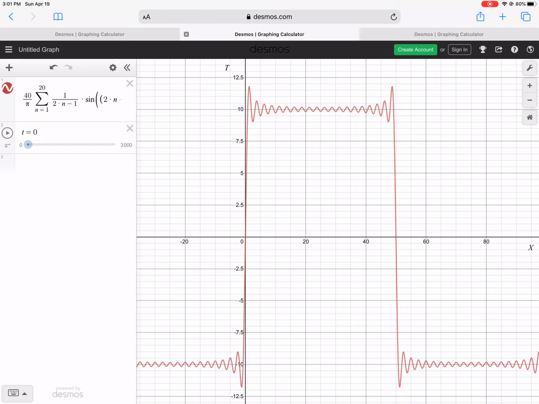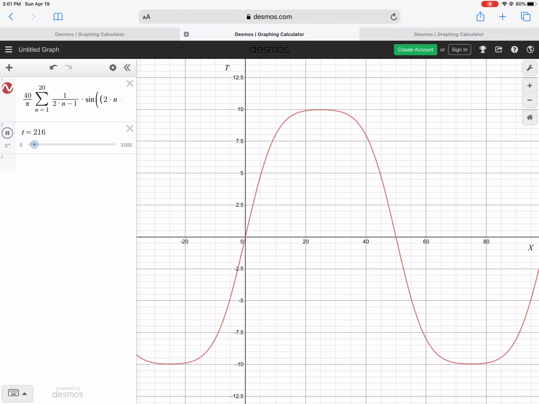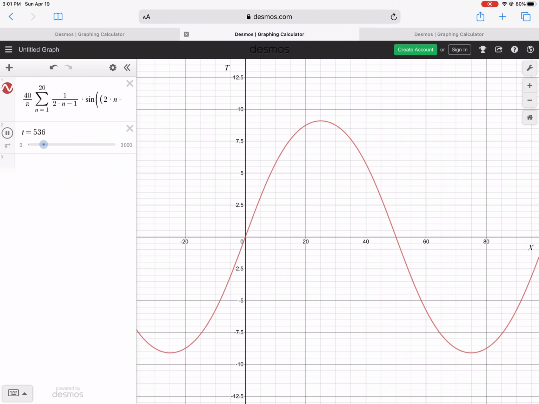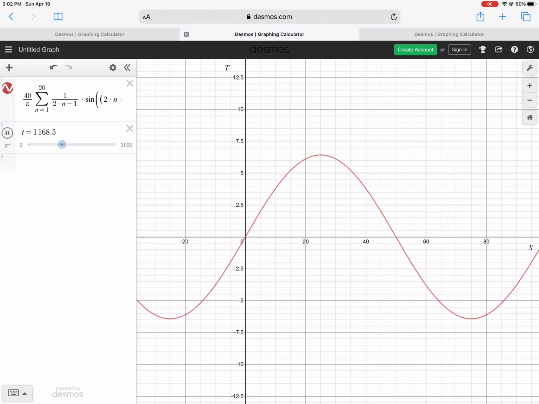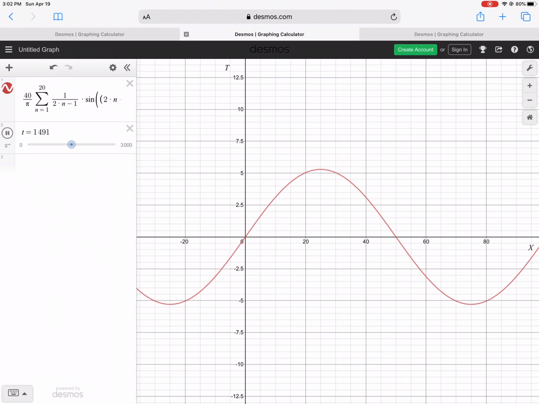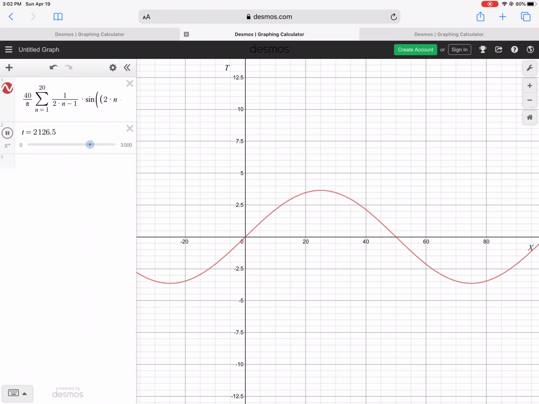Okay, so remember what happened here. Because the temperature was 0 at the two endpoints, which were at 0 and 50 centimeters, all the heat got sucked out as t increased. And so you're seeing all the profiles of the surface that we were looking at in the first example.